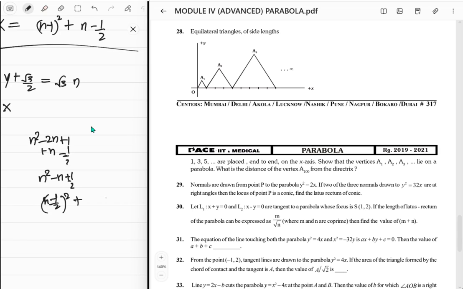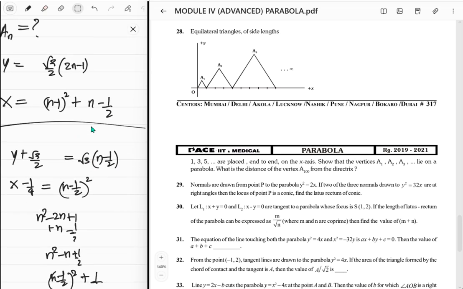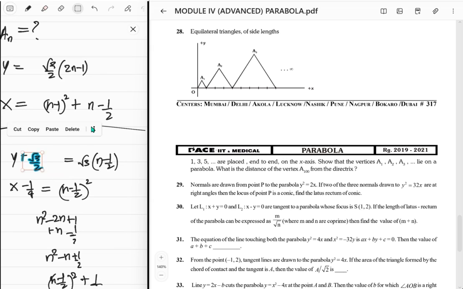It must be, right? Plus 1 upon 4. So x minus 1 upon 4 is just n minus 1 upon 2 square. We need n minus 1 upon 2 over here as well. Oh, we already had n minus 1 upon 2. So, right, this is already like that.